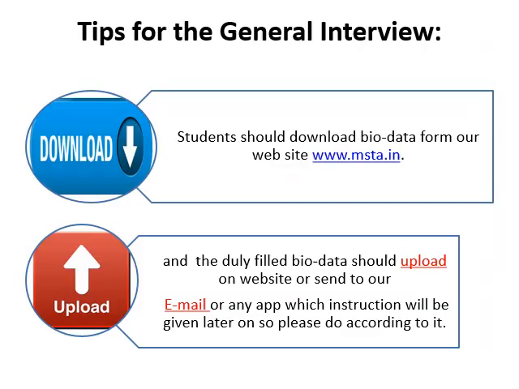As I told you, there are two types of interviews. First, let us move to the general interview. For the general interview, the first thing you have to do is download the biodata form, which is available on our website www.msta.in.